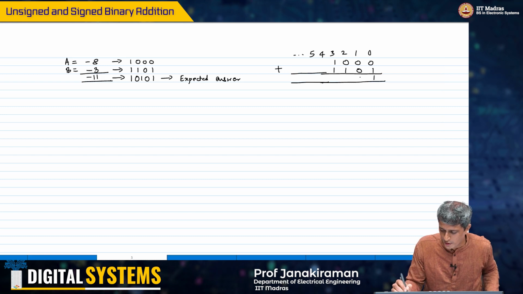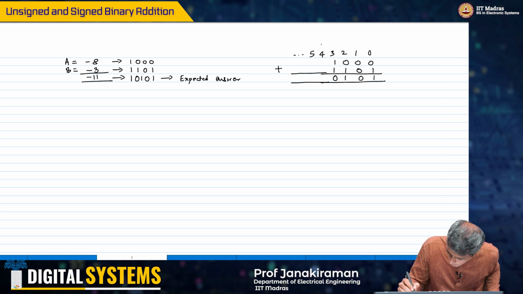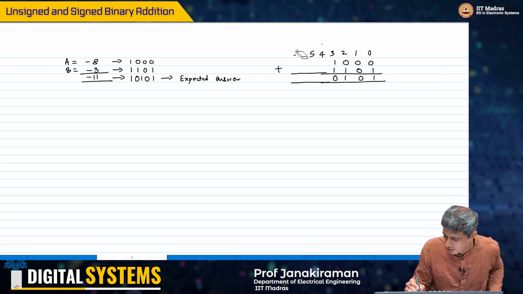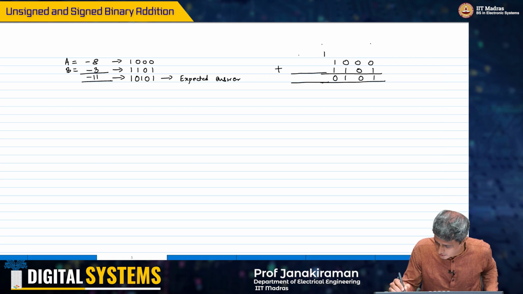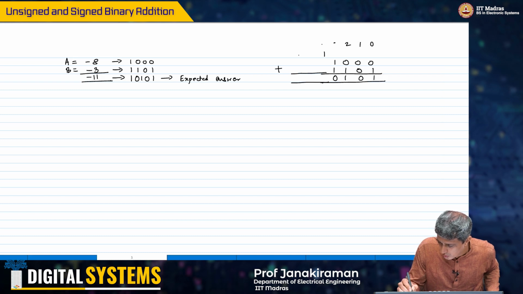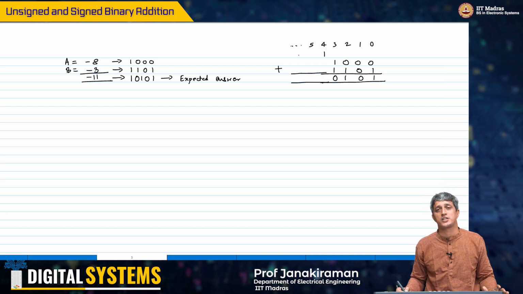Bit position 1 is 0 plus 0, which is 0, and then I am going to carry over a 1 here. So let me just move that. I am going to carry over a 1 here. So this is bit position 0 1 2 3 4 5 dot dot dot.